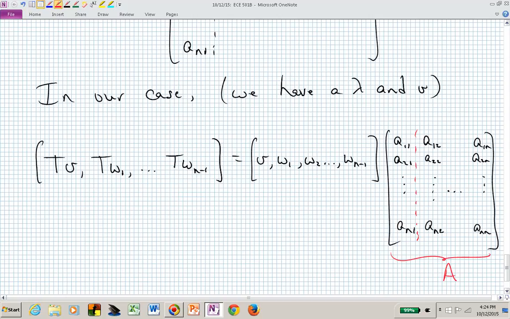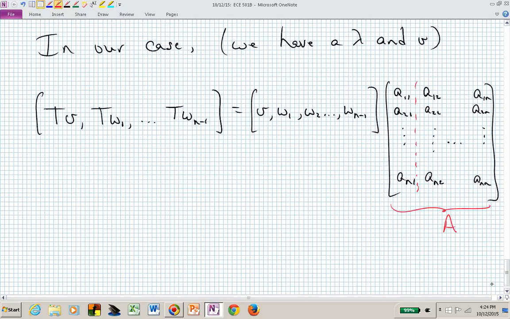But now what do we know about that first column in this A matrix? If lambda and v are an eigenvalue and an eigenvector for this linear map T, what can we say then about this A matrix?